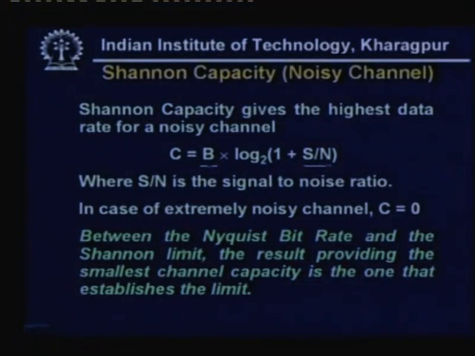Between the Nyquist bit rate and the Shannon limit, the result providing the smallest channel capacity is the one that establishes the limit. That means we compute the Nyquist bit rate and the Shannon capacity, find out which one is lower, and the lower one has to be taken as the channel capacity, or the maximum information that can be sent through the medium.